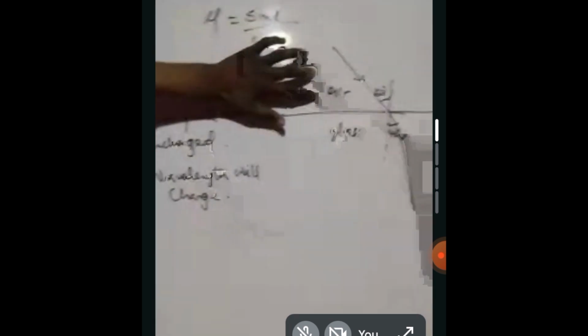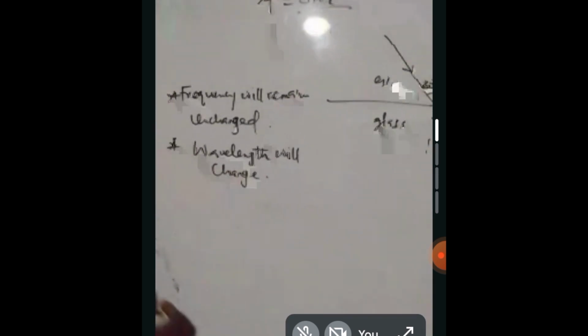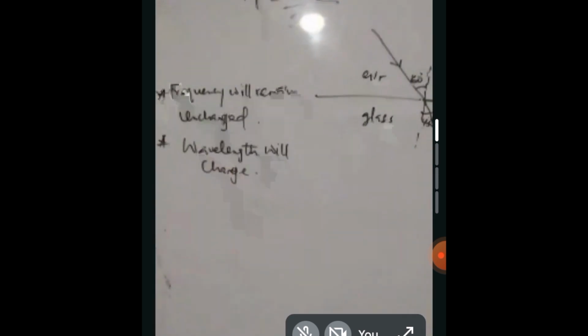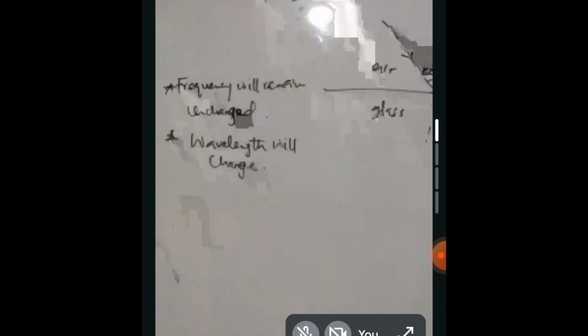So the wavelength of light in air is different from its wavelength in glass.